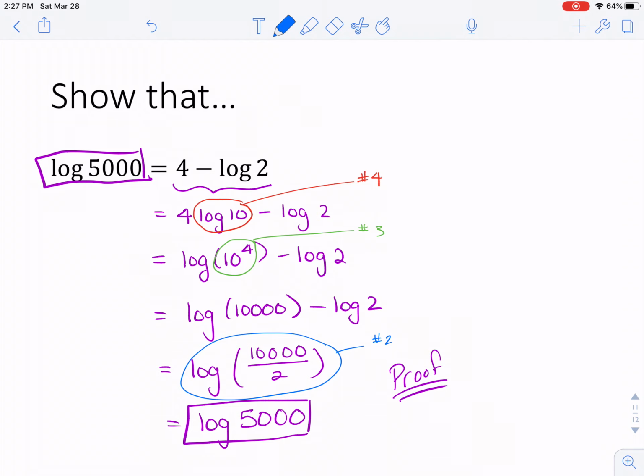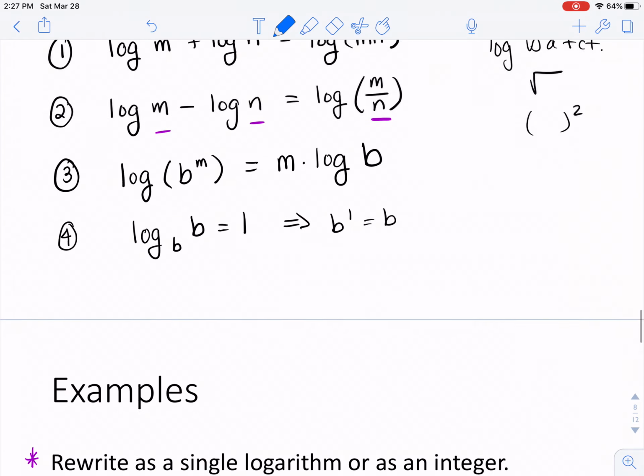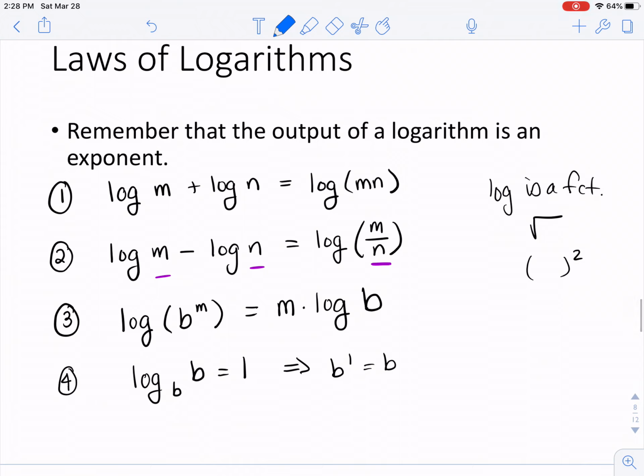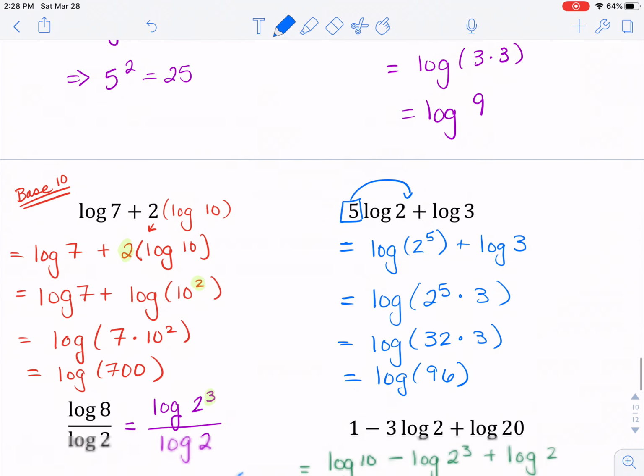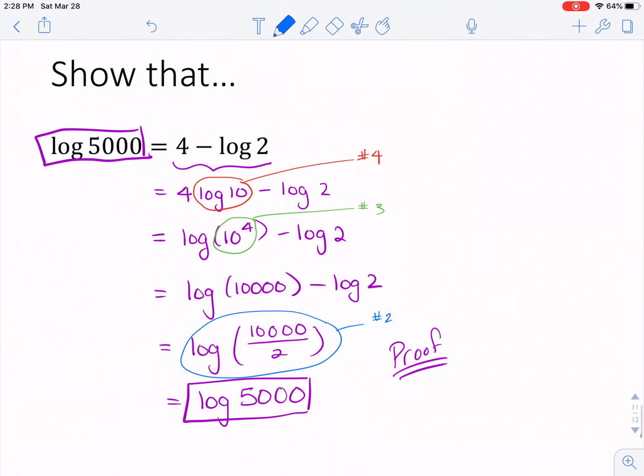So I use the laws of logarithms, but it's not as sticky as a proof because we don't actually need to say, I'm doing this now, and this is my reason. I'm applying them mathematically to show that the right-hand side of this equation does equal the left-hand side of the equation. And that's what I think is so cool about these.